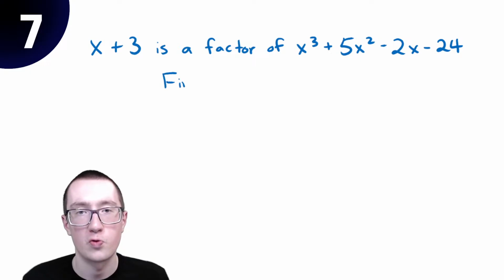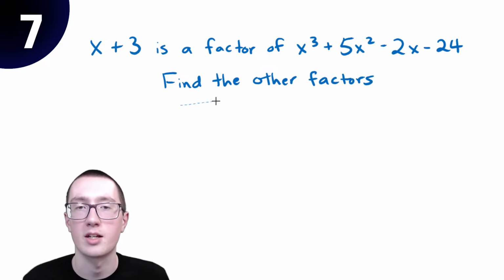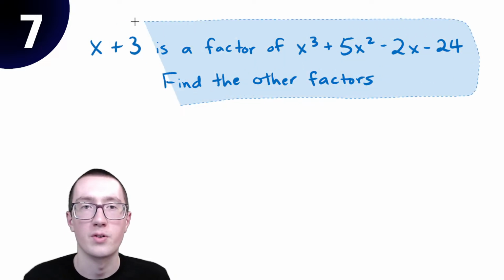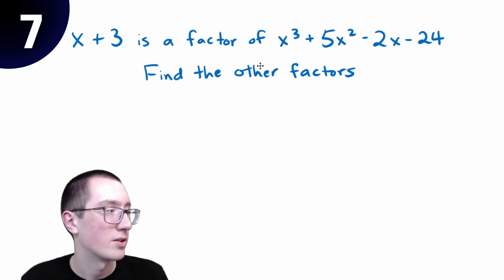And then we have to find the other factors. Someone was asking about this in the last stream, and I said that the problem would take a little too long for the end of the stream, but we have time now. So I'm going to go ahead and go over how we would do this problem.